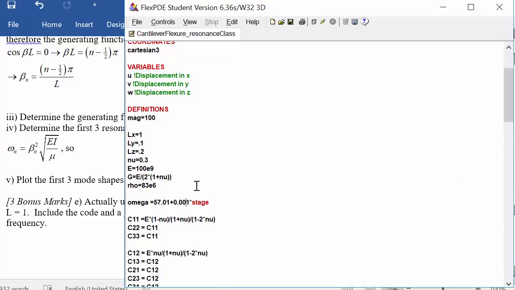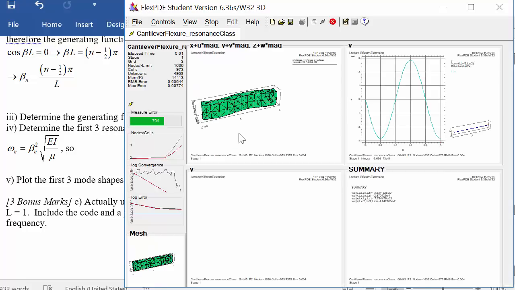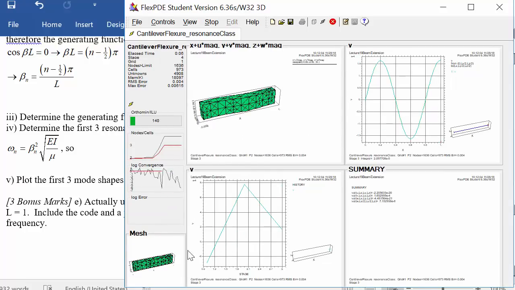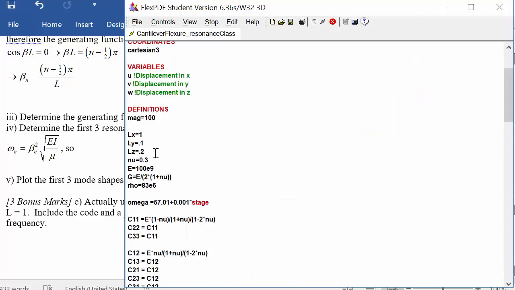Again, between stage 1 and 2. So let's just look at the beginning of that again, where you can see the thing deforming. You'll see even more at the next one when we go between 57.011, and then we'll add another decimal on the frequency that we're looking for here.